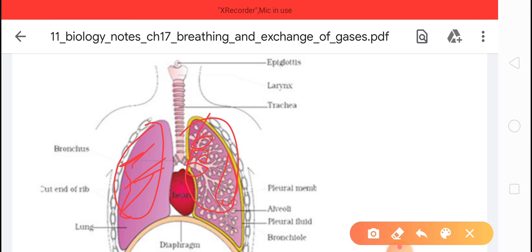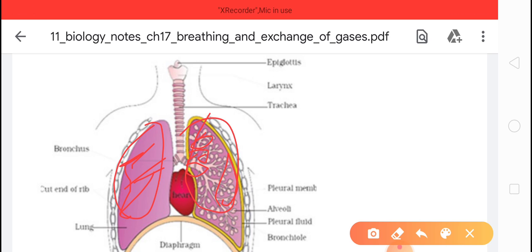Respiration takes place there, and exchange of gases takes place through alveoli. So this is about the human respiratory system, which consists of larynx, trachea, primary, secondary and tertiary bronchi, bronchioles and alveoli.